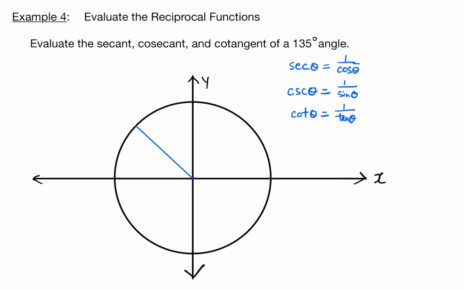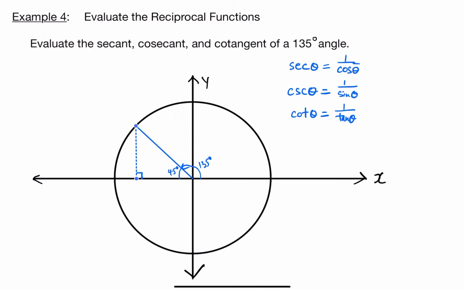So if this is 135 degrees, that means this has to be 45 degrees, because a half rotation is equivalent to 180 degrees. So hopefully you should be able to recognize now that this is most likely going to be a 45, 45, 90 degree triangle, which it is. So let's go ahead and create that triangle.